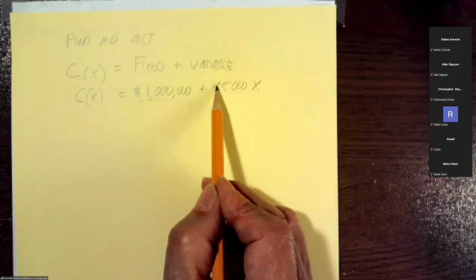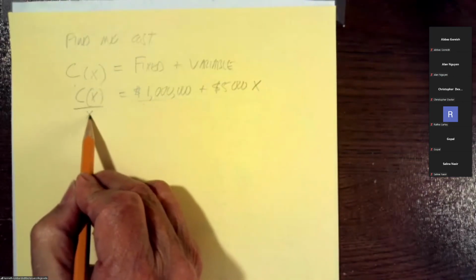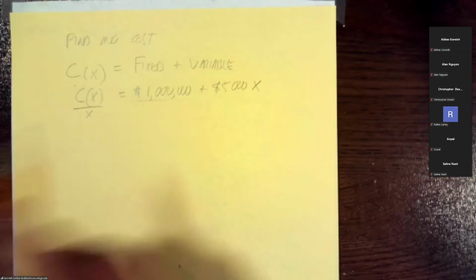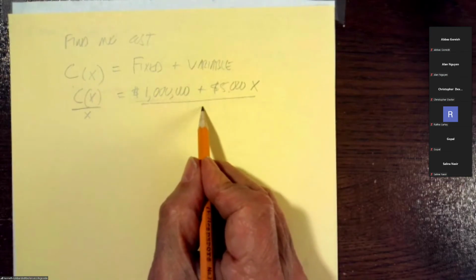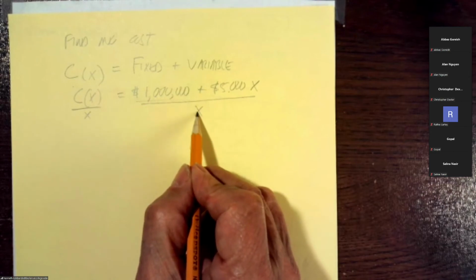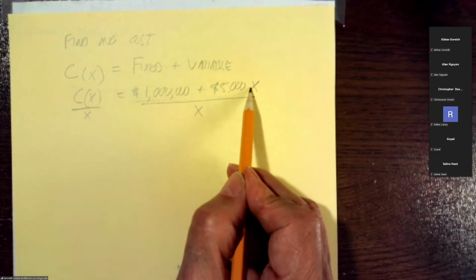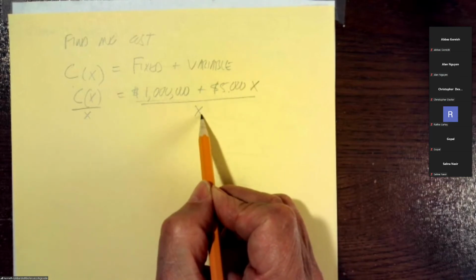But if you wanted average cost per unit, then you would have to divide the total cost by the number of units you're building, wouldn't you? So you'd say, well, the average cost then is the total cost divided by the number of units. So we can see that if the number of units were 0, well, we can't divide by 0. So that wouldn't work. We can't build 0 units on this model.